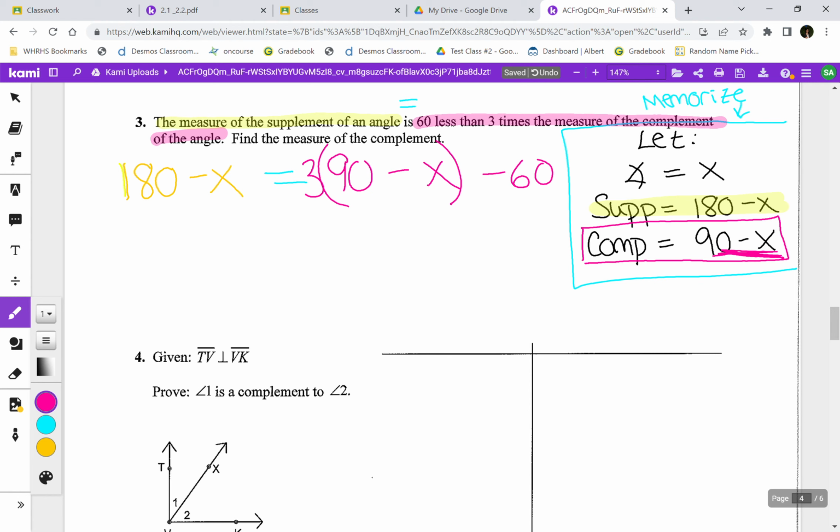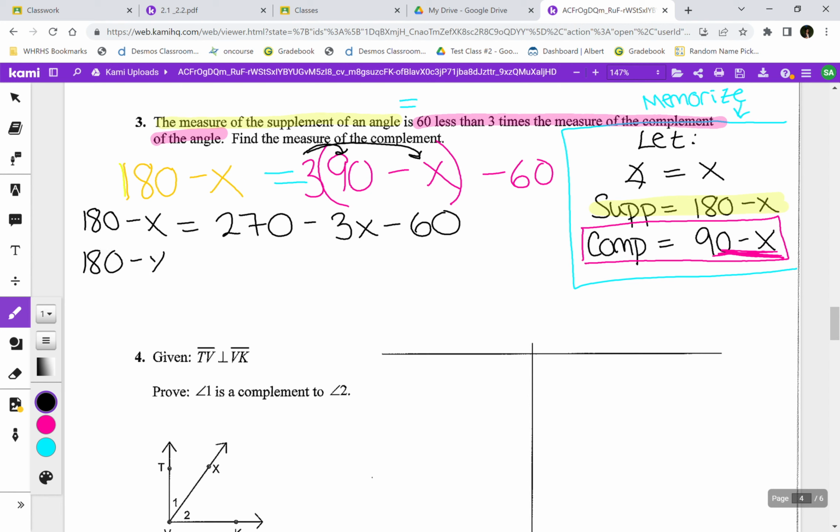Now that we have our equation, now we solve for x. We have 180 minus x. I'm going to distribute in that 3. Don't forget to distribute the 3 to the x. So that's going to be 270 minus 3x minus 60. So now we have 180 minus x is equal to, combine your like terms, 270 minus 60 is 210 minus 3x.